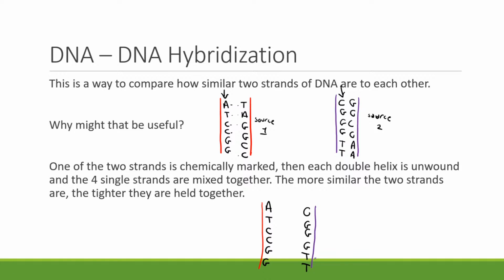And we can tell that because the only base pairs that are going to connect are going to be this CG and this CG. Right? There's no connection between the A and the C. No connection between the T and the G. No connection between these G's and these T's.